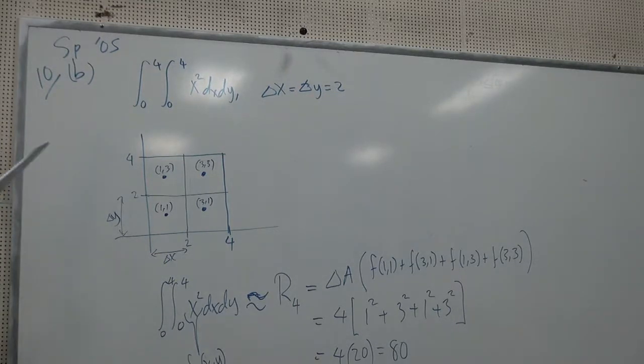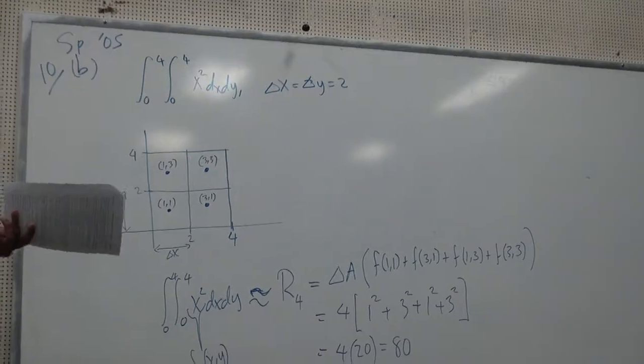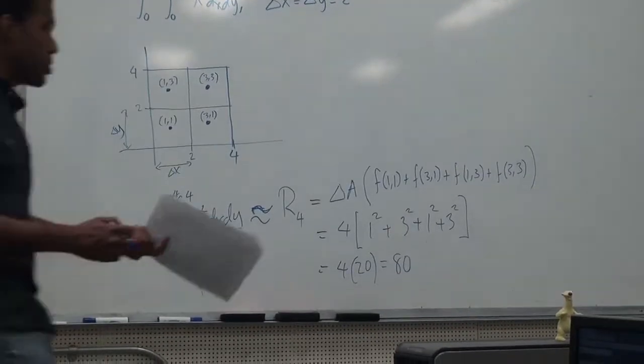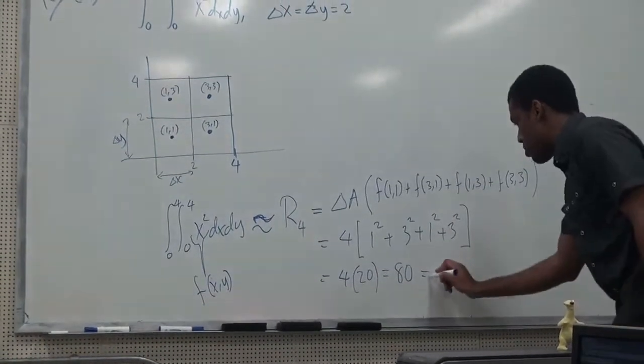Then it says, how does your approximation differ from the exact value? Well, you'd have to actually find the exact value. So this is the approximation.